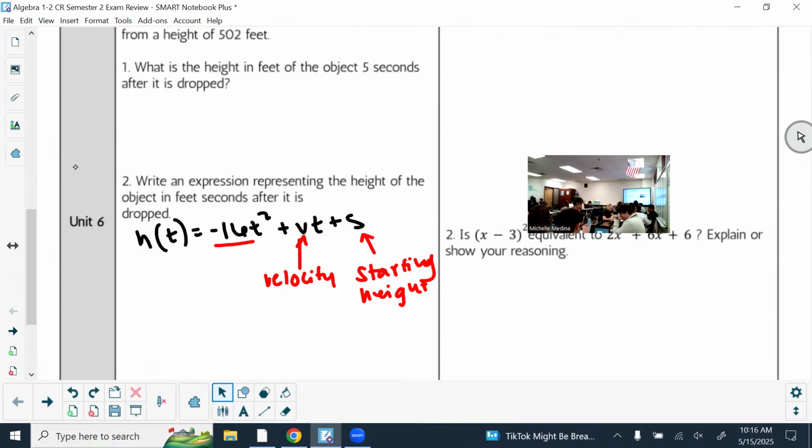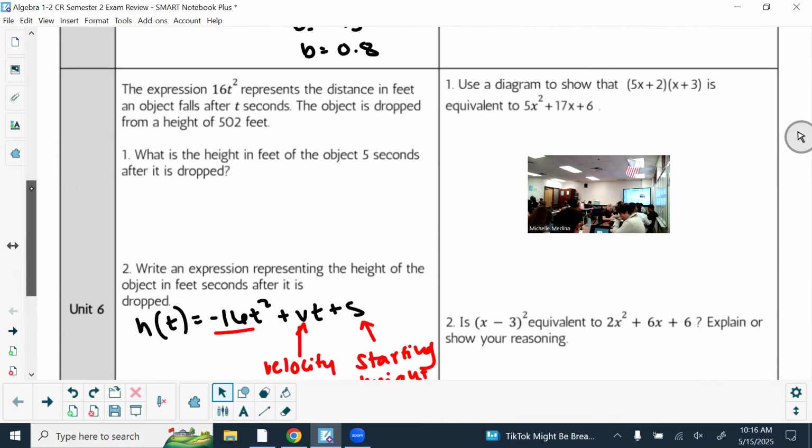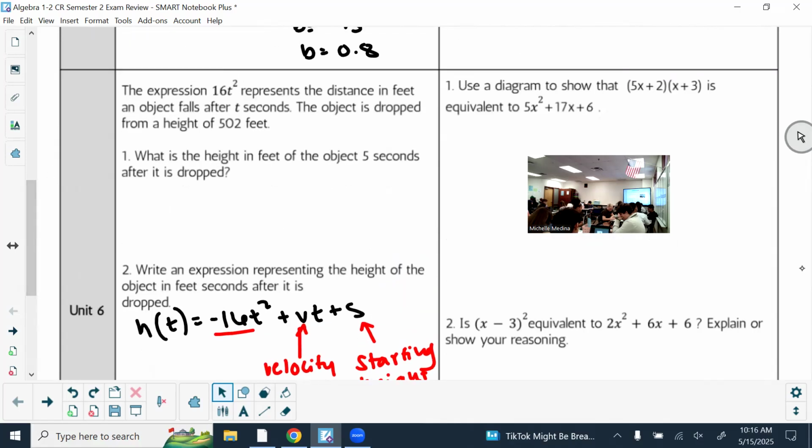So when I reread the information again, it includes the 16t squared, but you have to remember that's just how much it's traveling. If we want to know its current height at any given time, we need that to be negative. That way it has this downward facing U shape. So just know that.